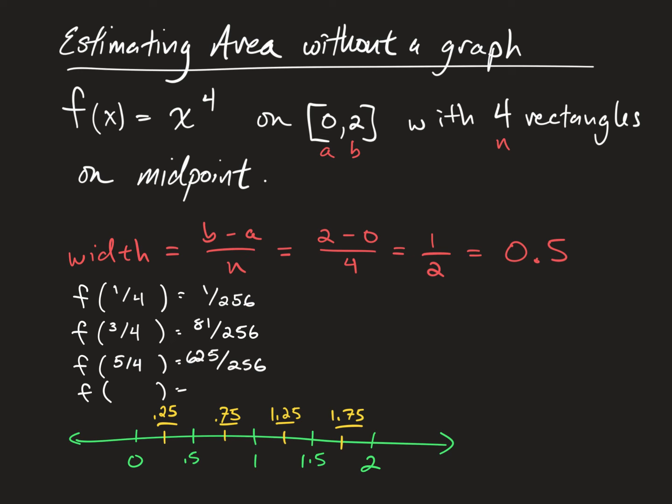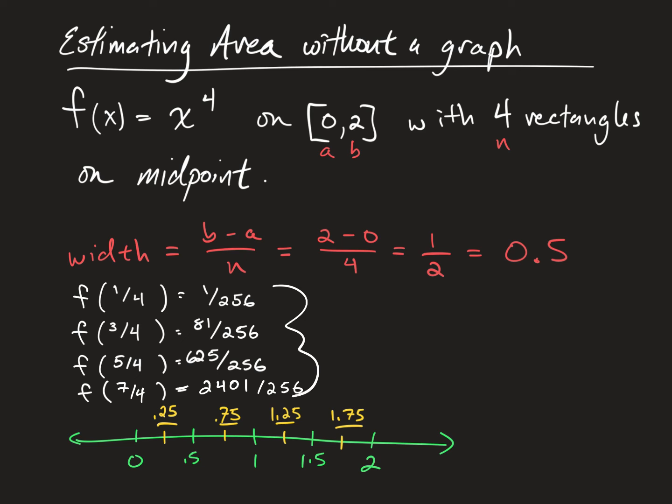So the last one here is 7 over 4. That's how you get 1.75. I'd be willing to bet it's over 256, but I'm not quite sure what 7 raised to the 4th power is. 2401. There we go. So those are the heights of all the rectangles.